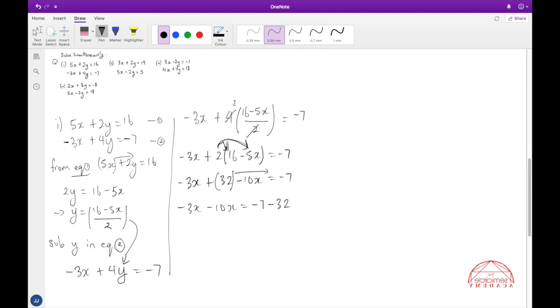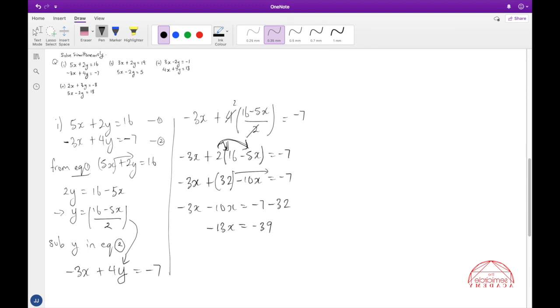So on this side, minus 3 minus 10 gives us negative 13x, and that is equal to, negative 7 minus 32 gives us negative 39.